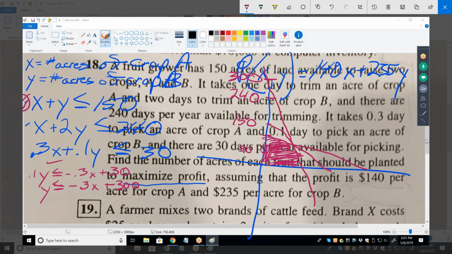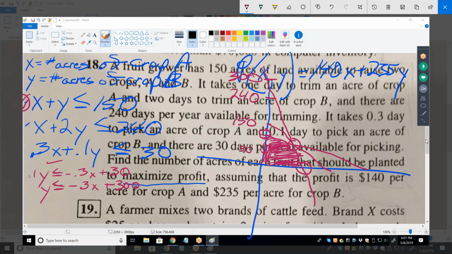And I want to check this vertex, and this vertex. I want to plug in those x and y values into my profit function and then figure out which one gives you a maximum. Now, this is going to be a little bit tricky because I got to find this intersection point.